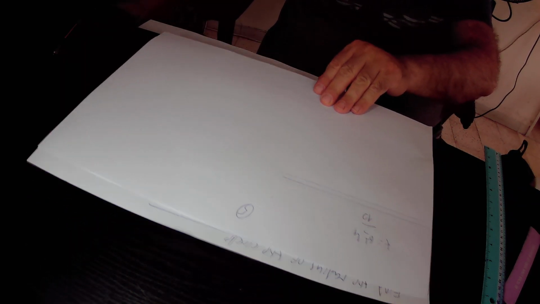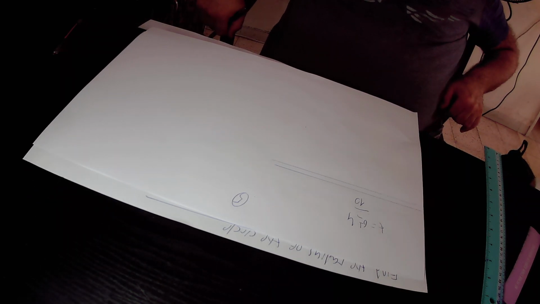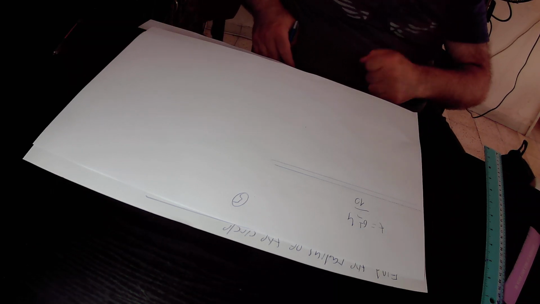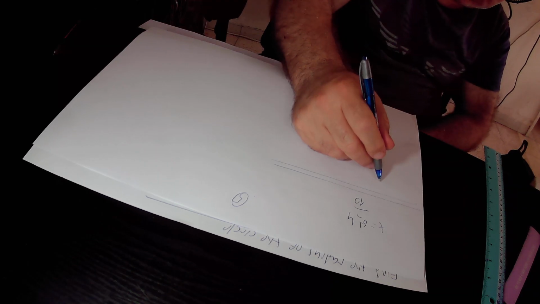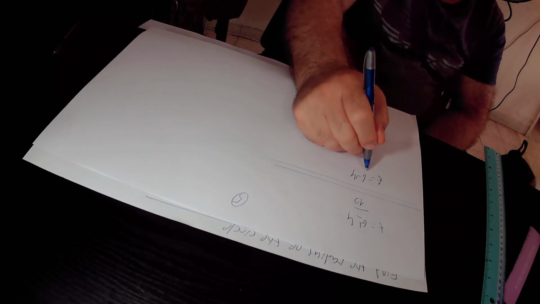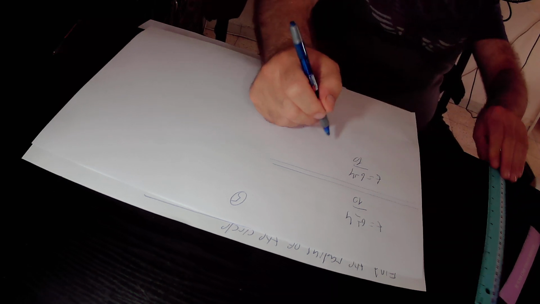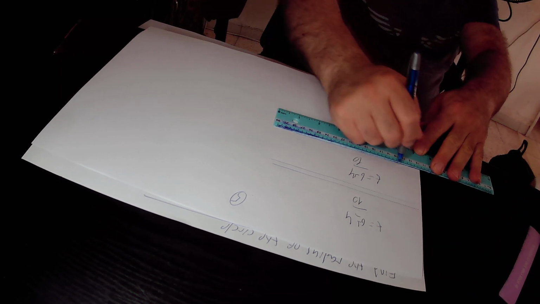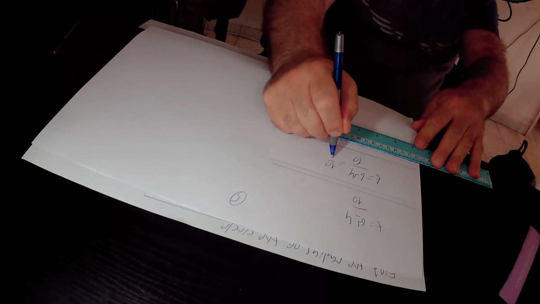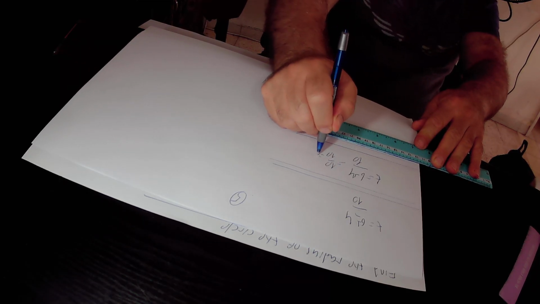Okay, so here we have two possible solutions for t. The first solution is t equals 6 plus 4 over 10. 6 plus 4 is 10, and 10 over 10 is 1.